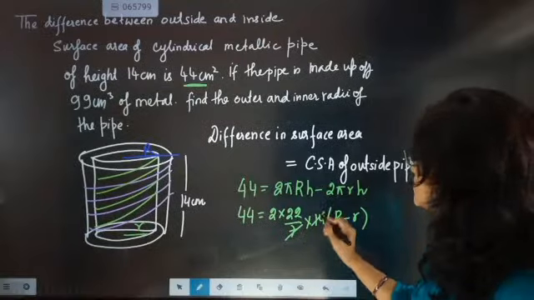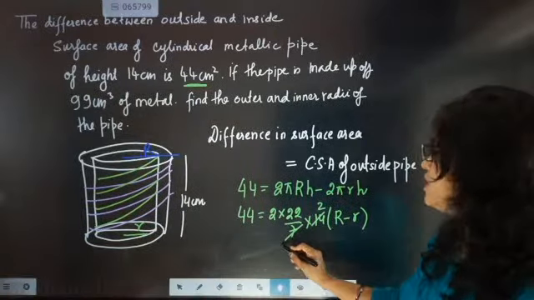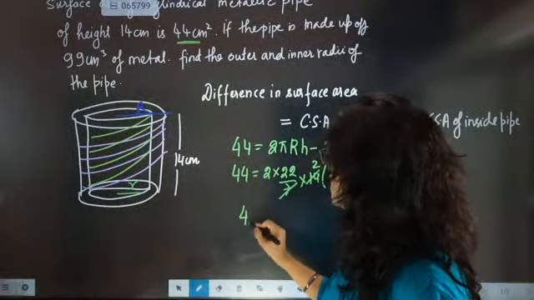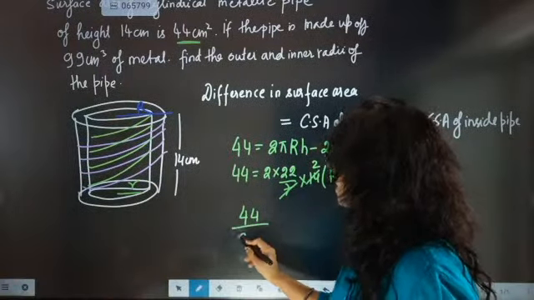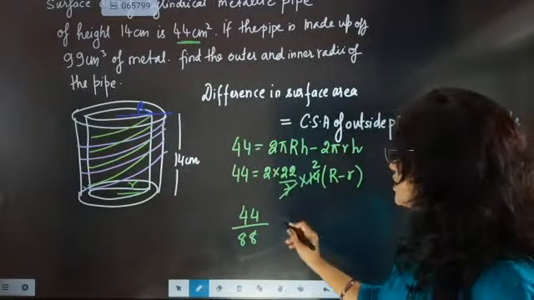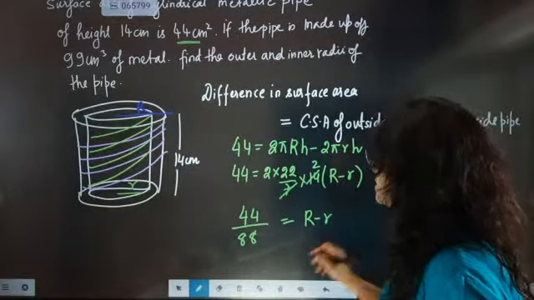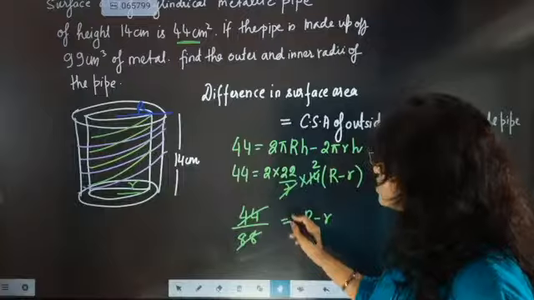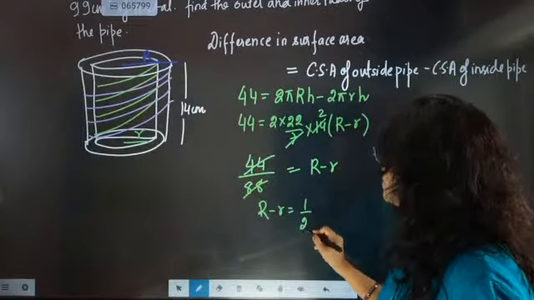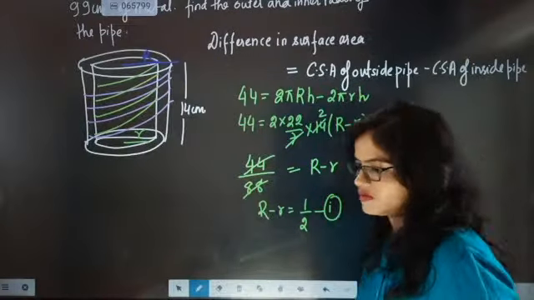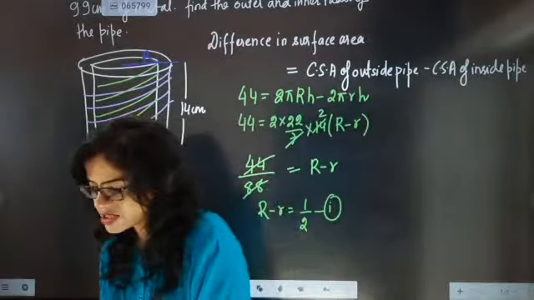Now this and this will get cancelled, 2 will come. So 44 by 88, because here it will be equal to R minus r. So it is exactly going to come as R minus r equals 1 by 2. Take it as equation 1. R plus r is coming as equation 2.